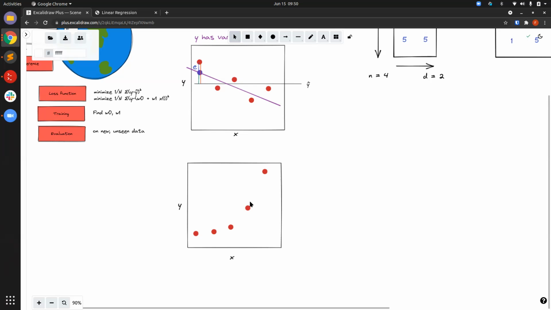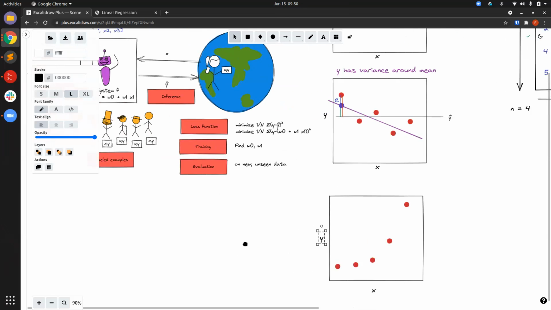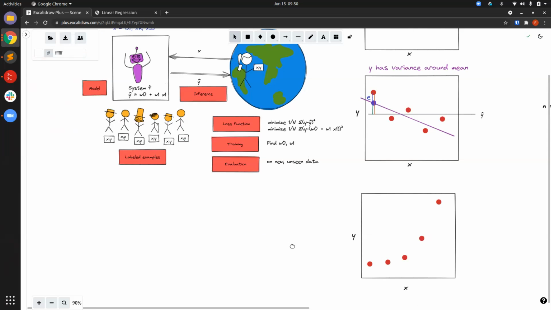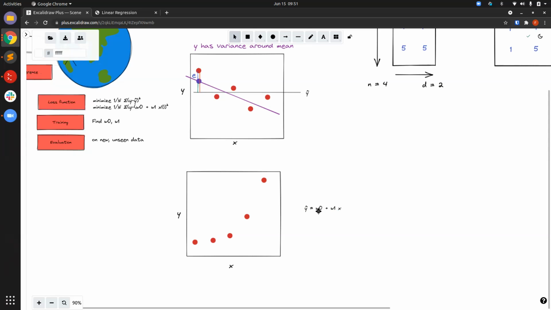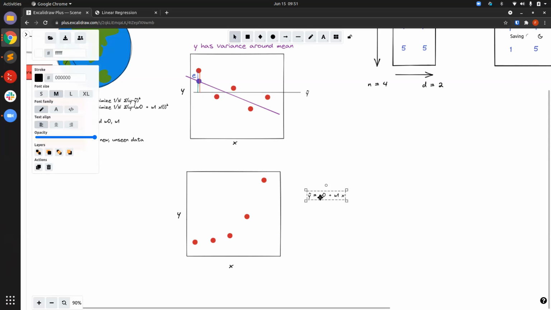Okay, so we approximated our model as y hat equals w0 plus w1 x1. Here I just have x. But this function doesn't look at all like that. What does this function look like?